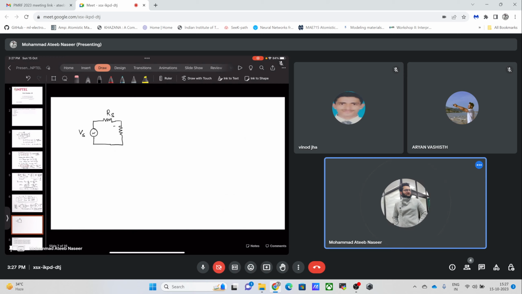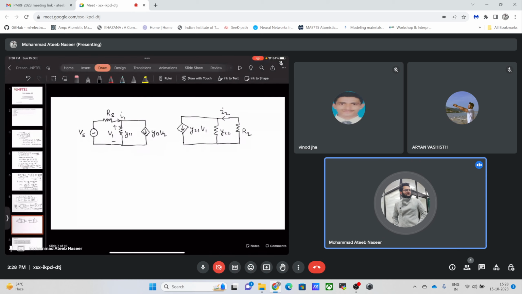This will be our positive negative V1. This will be our I1. This will be Y11, this will be Y12 V2, which is the small signal output perturbation, Y21 V1, this is the Y22, this is I2, this is the load resistor, the RL.